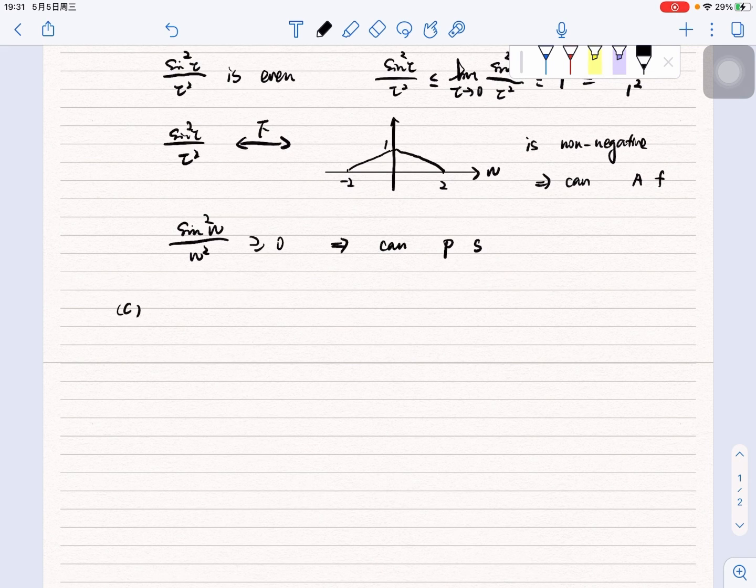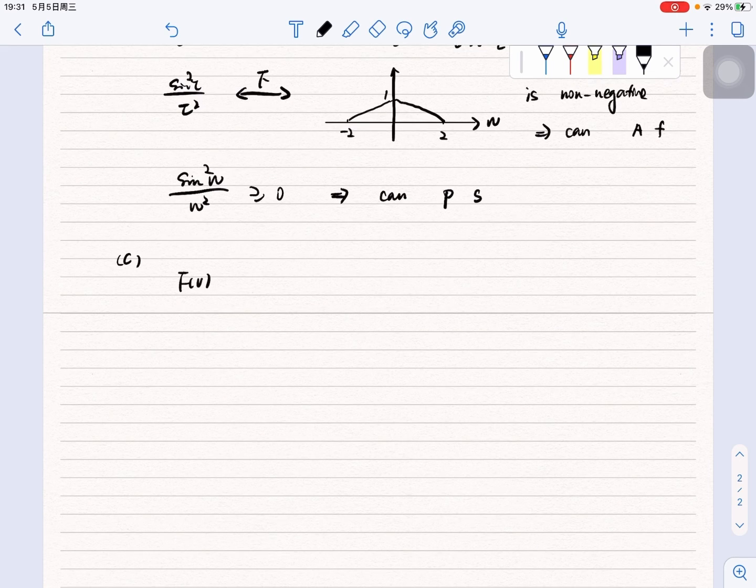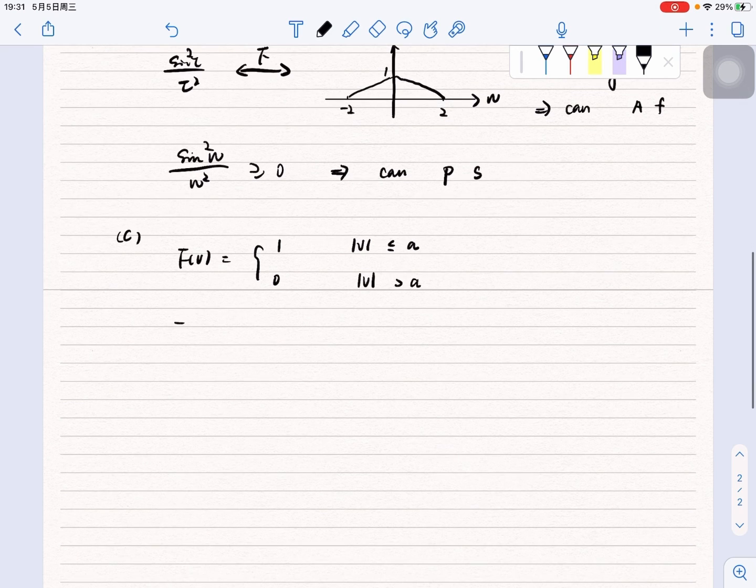Question C, we have f(v) equals 1 when the absolute value is less than or equal to A, and 0 when this value is larger than A. We know that f tau's Fourier transform equals 2 sine A omega over omega.